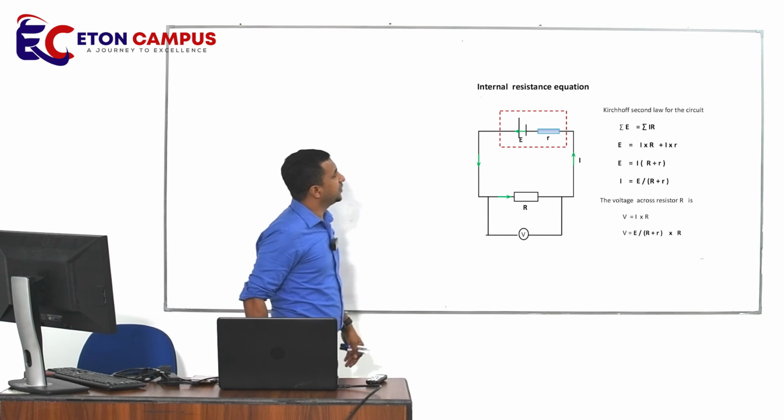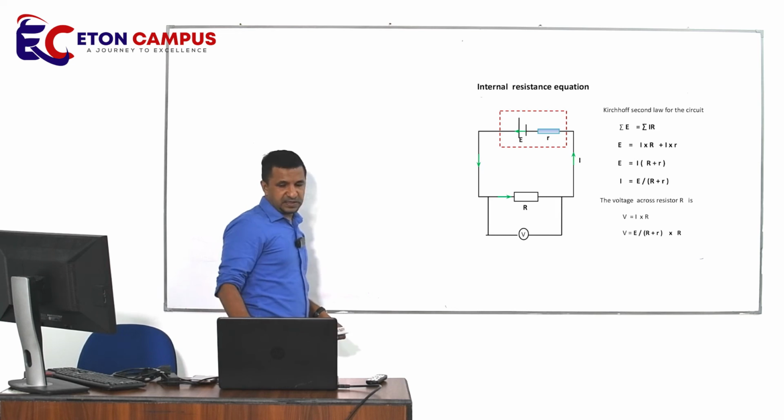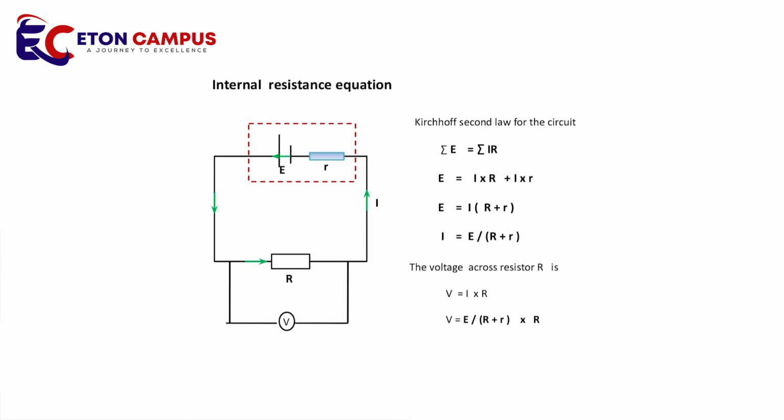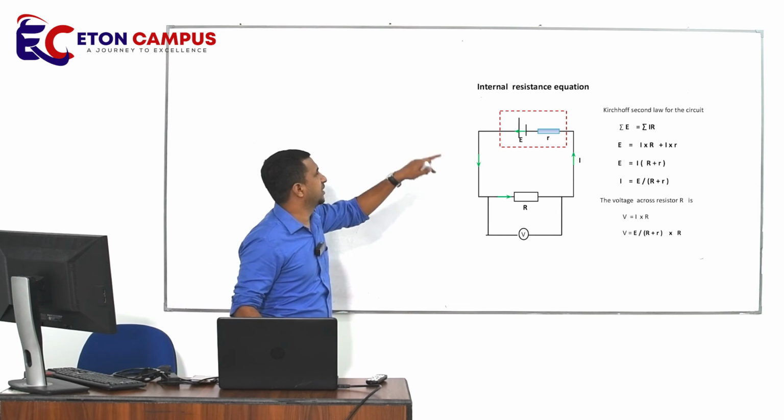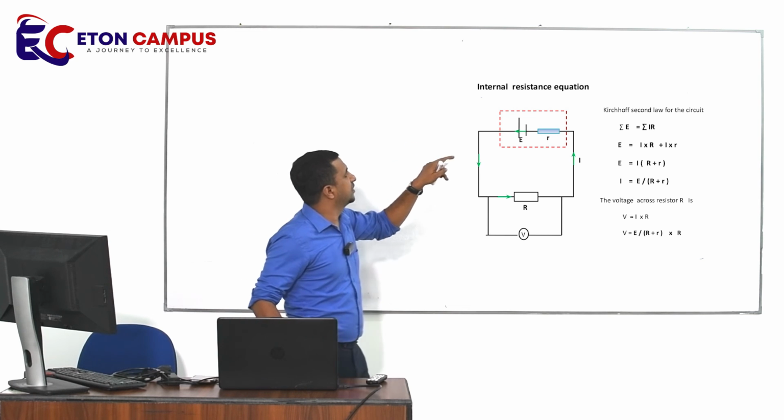By using that equation, E, the only EMF there, is equal to IR plus I r, where r is the internal resistance. I can take I commonly out of the bracket, so E equals I times (R plus r).